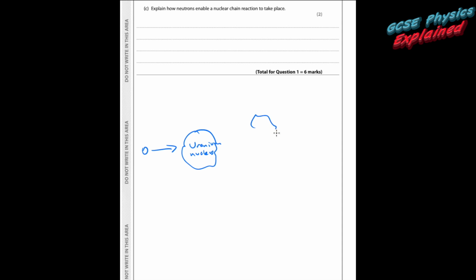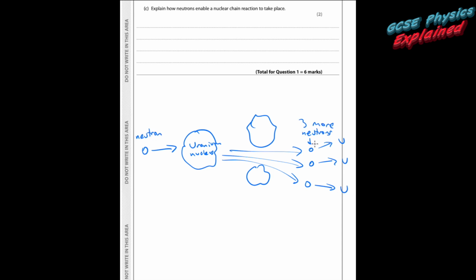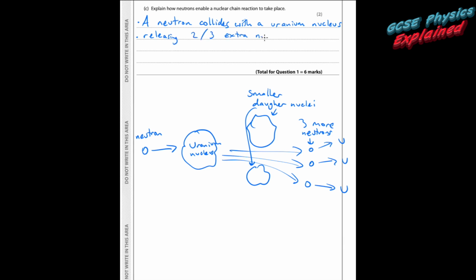That nucleus will split up into 2 smaller nuclei, and you'll also get more neutrons being released, and they would be available for further collisions with more uranium nuclei. A neutron collides with a uranium nucleus, releasing 2 to 3 extra neutrons.